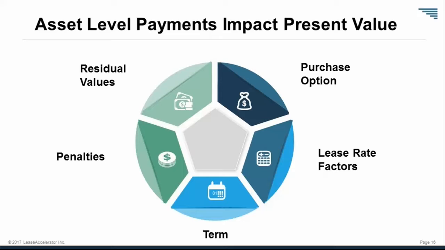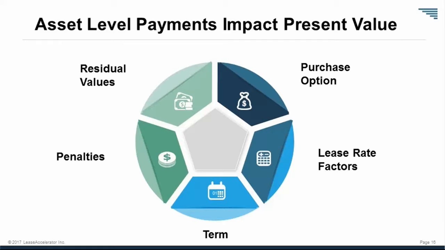Purchase option: the exercise price of a purchase option if the exercise is reasonably assured. The residual: the contractually specified residual payment and the likely payment on the residual guarantee that you're reasonably certain to make. So the former impacts classification, while the latter impacts the amount that's present valued.